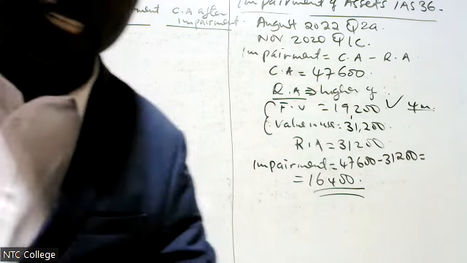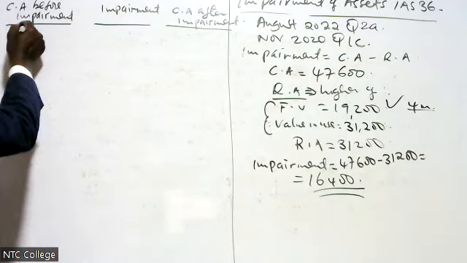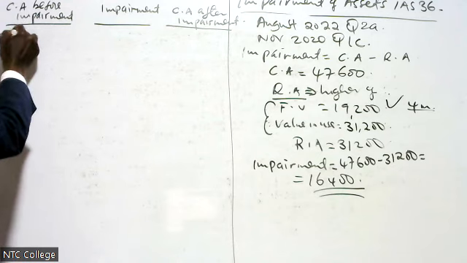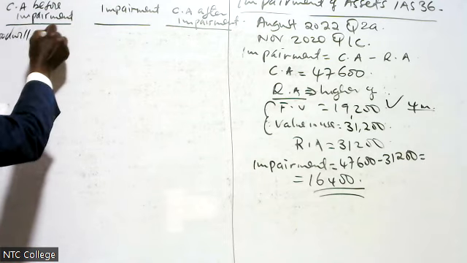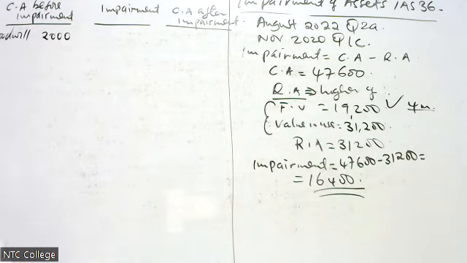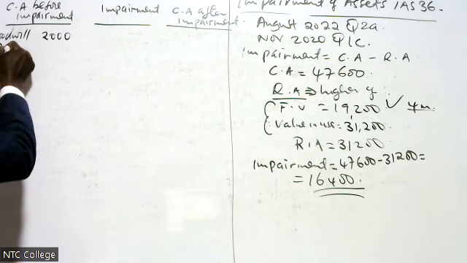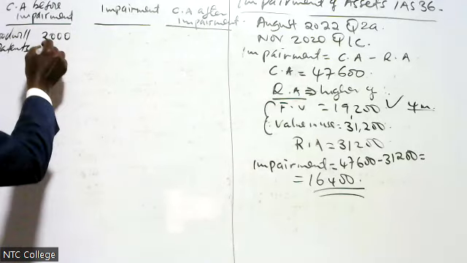Listen very well here, because Marim is introducing another concept. Now, my carrying amount: I have goodwill, which has the value of 2,000. I have patents, with the value of 3,600.